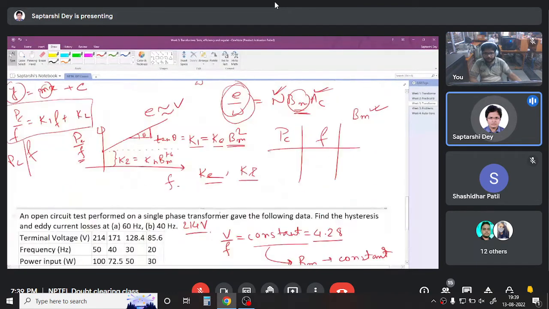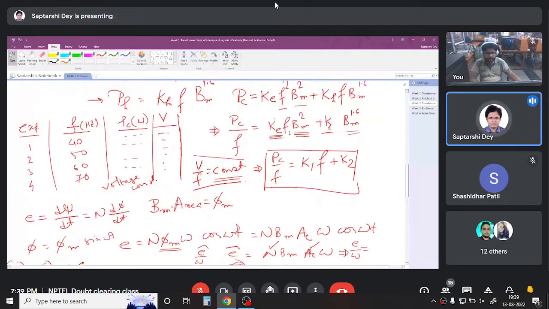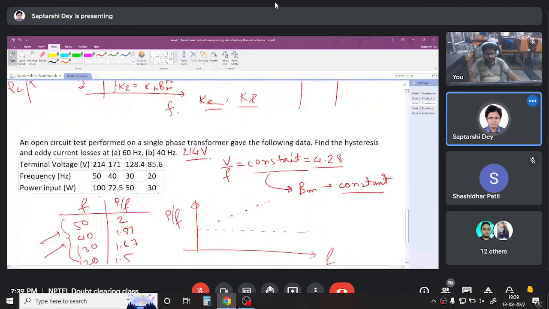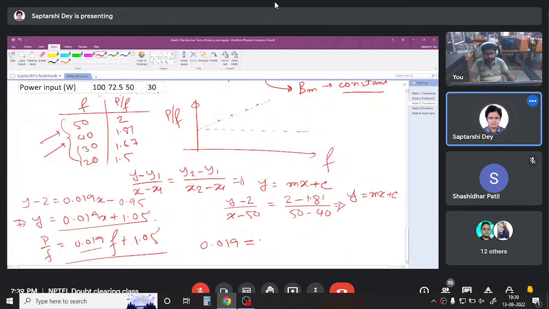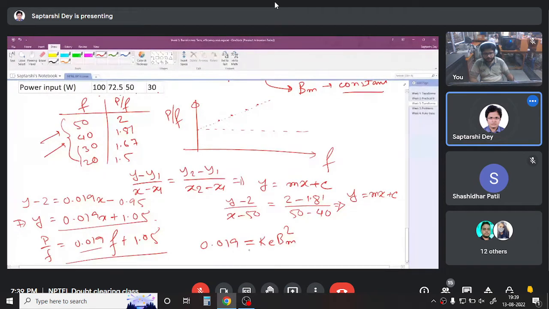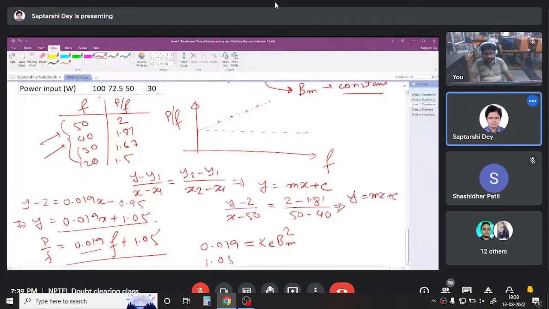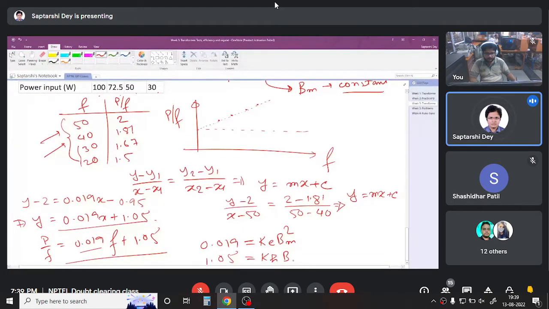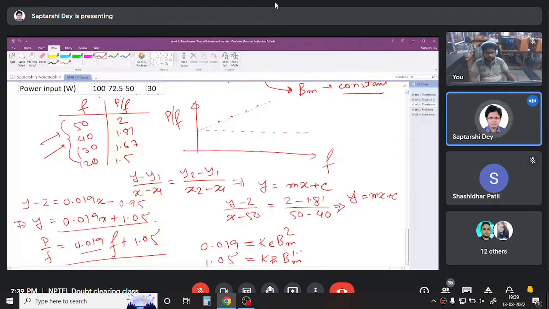That is K_E B_m squared. And 1.05 is K_H B_max to the power 1.6.